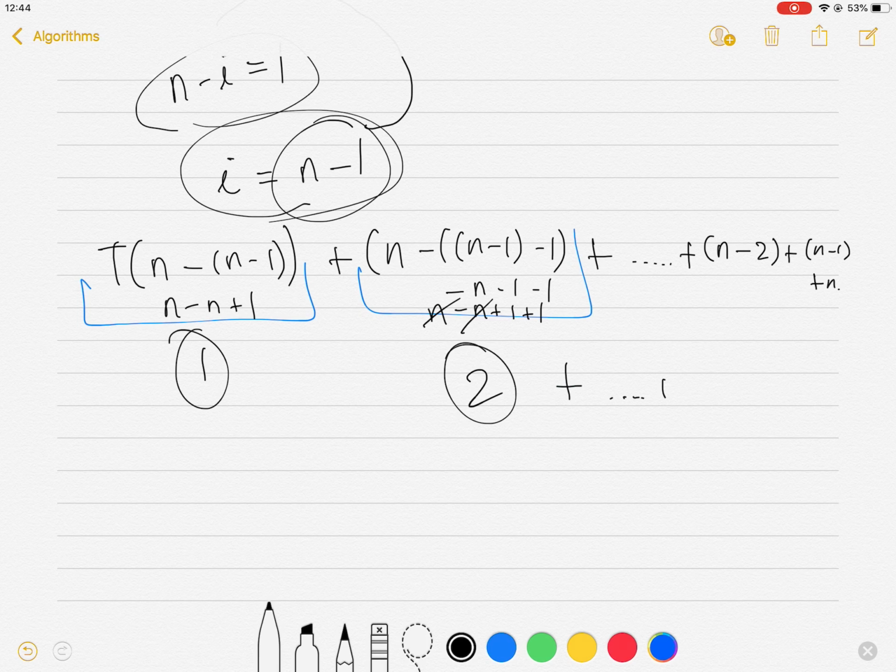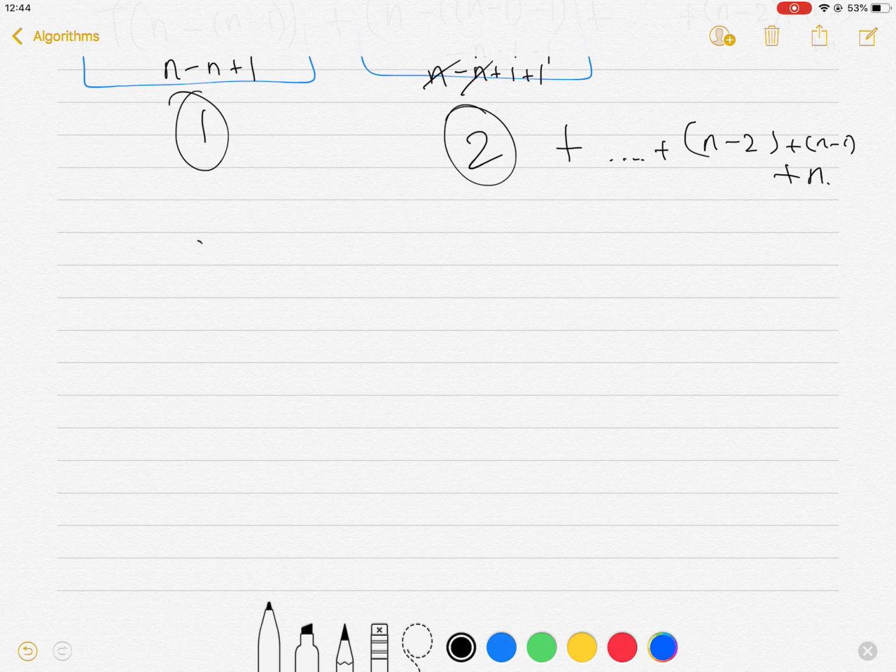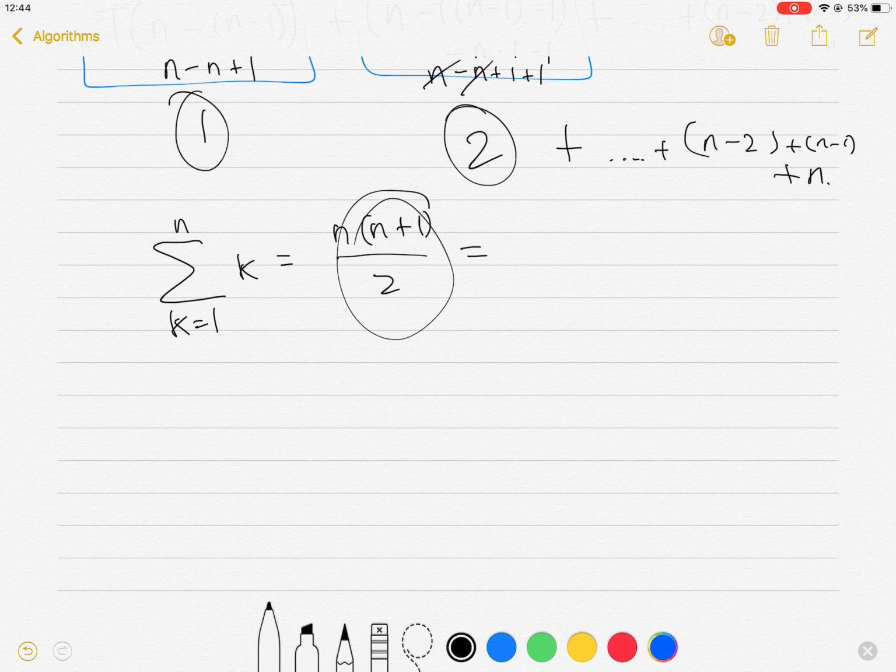And then this just continues on like this. This looks a lot like the summation series, and if you don't know the summation series, there is a formula in the appendix, and it looks like this. The solution to this is n squared plus n over 2.